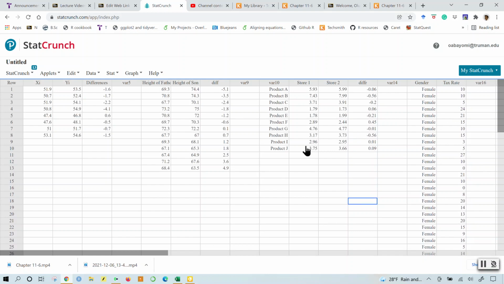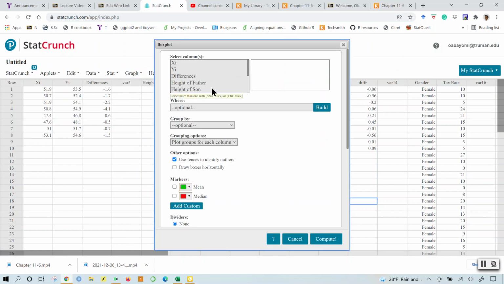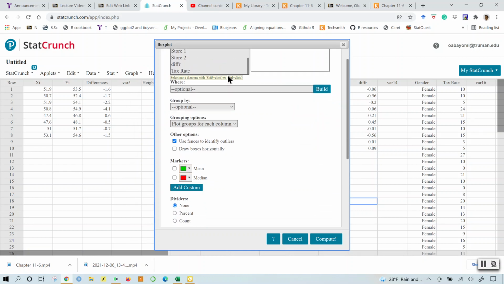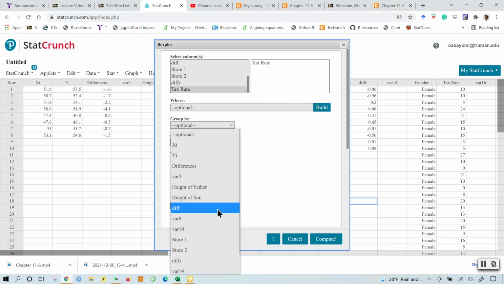In order to get this going, I'm going to go to Graph, go to Box Plot right here, right after stem and leaf. Then I would like to indicate what I'm working on. It will only allow you to pick number variables, so tax rate is what I want. I would like to split them by gender, so group by gender.